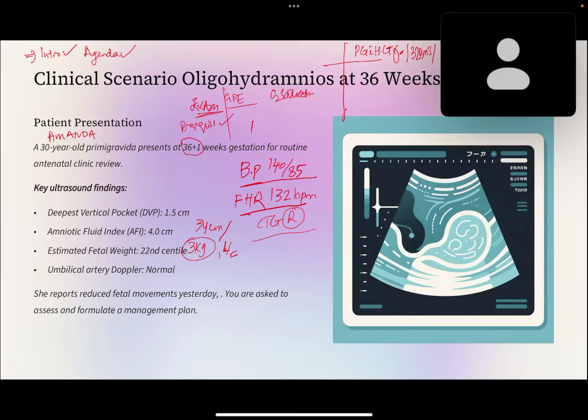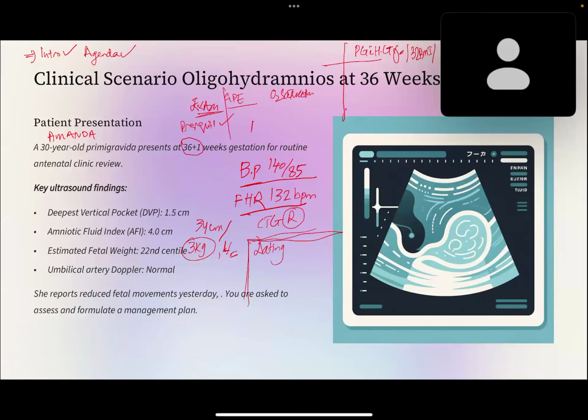Okay. I would also want to get a set of baseline investigations for blood count. We are still at examination, right? Anything else? Okay. I want a dating scan and an anatomical scan.